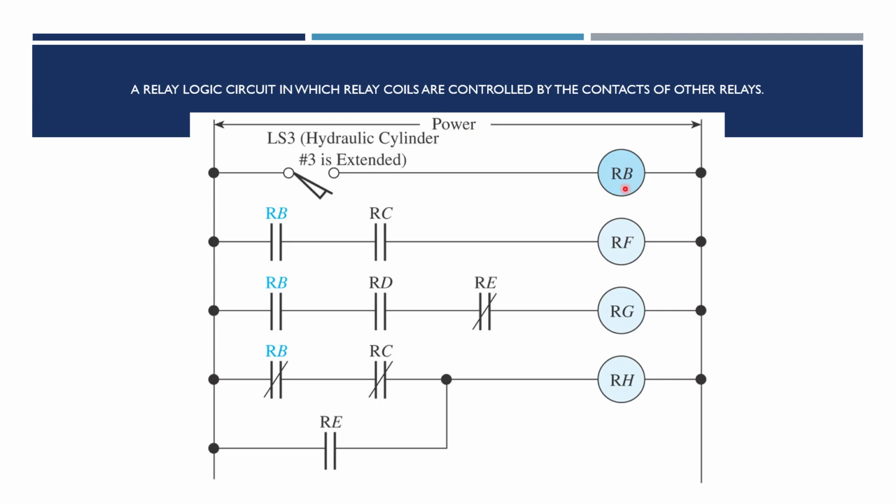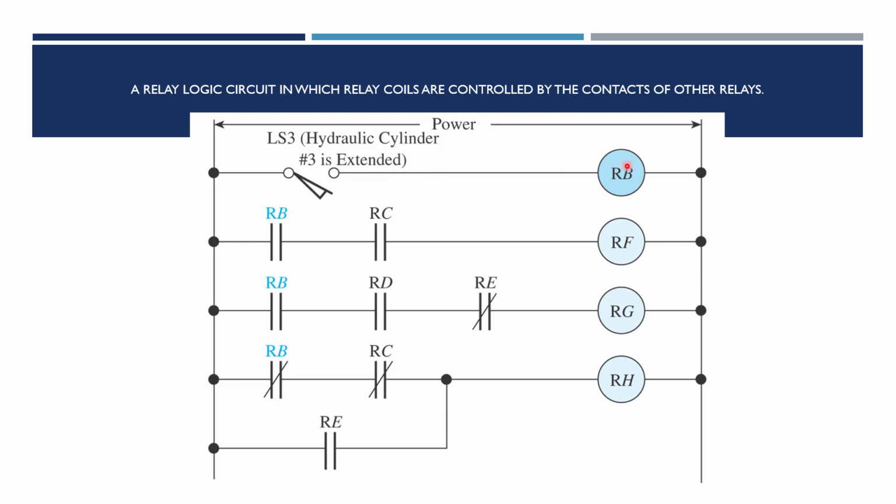Here we see that this coil, when it's energized, has a role in other coil circuits throughout the schematic or throughout the system. So whenever this limit switch here, and it's saying that it's on a hydraulic cylinder, whenever that cylinder is extended, it's coming up against this limit switch, and that motion is causing this to close, and RB picks up.